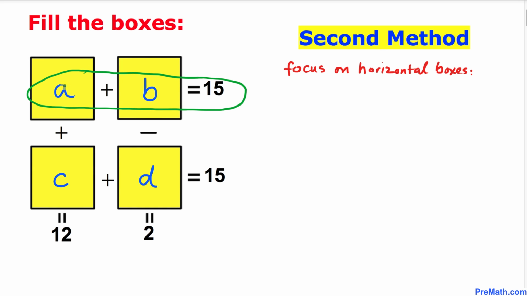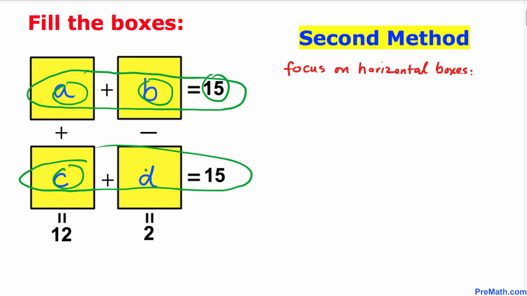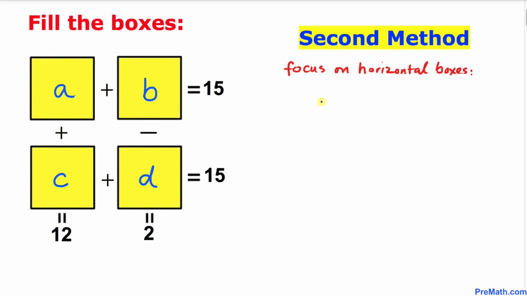A plus B equals 15, and the second horizontal boxes are C plus D equals 15. So let me write down A plus B equal to 15, and the other one is C plus D equal to 15 as well.